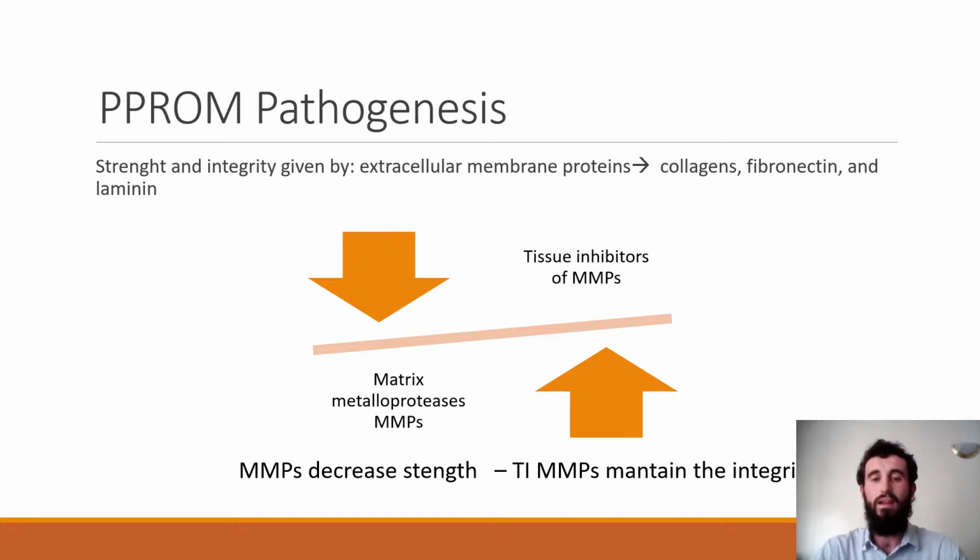These proteins are degraded by matrix metalloproteinases, abbreviated as MMP, and these MMPs decrease the strength of the membranes. But there are other proteins called tissue inhibitors of MMPs that maintain the integrity of the membranes.